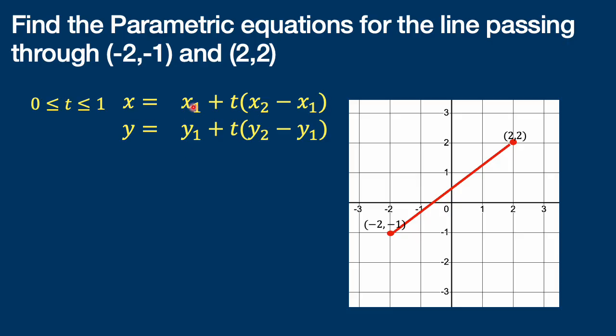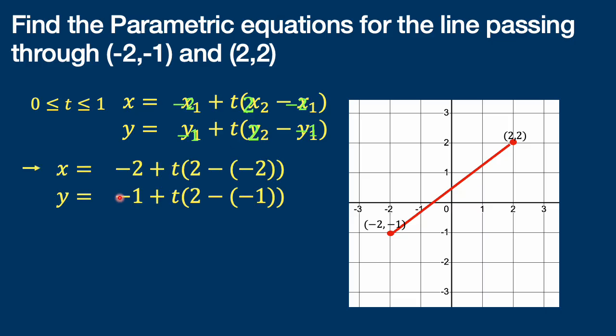So when you plug in, x1 is -2, x2 is 2, x1 is -2. y1 is going to be -1, y2 is going to be 2, y1 is going to be -1. So we have x equal -2 plus t(2 minus (-2)), y equal -1 plus t(2 minus (-1)).